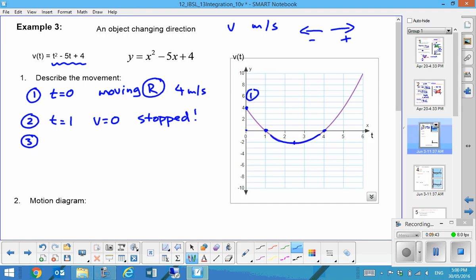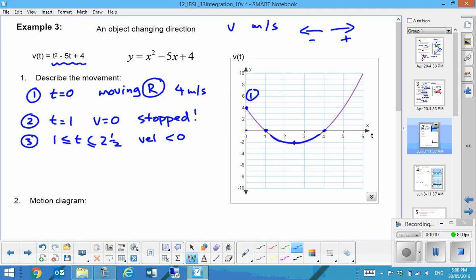At this point, which is our minimum, so between 1 and 2.5, the velocity is negative, is less than 0, which means it's moving which direction?